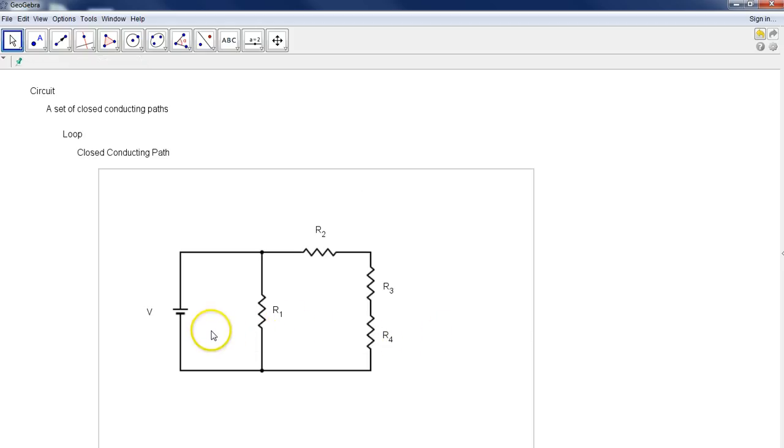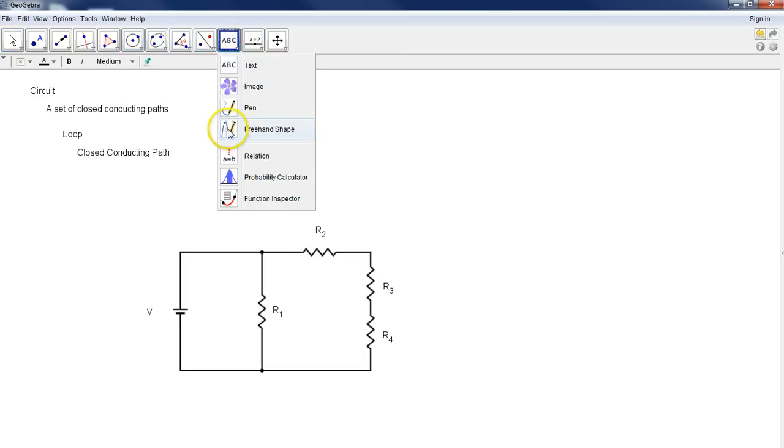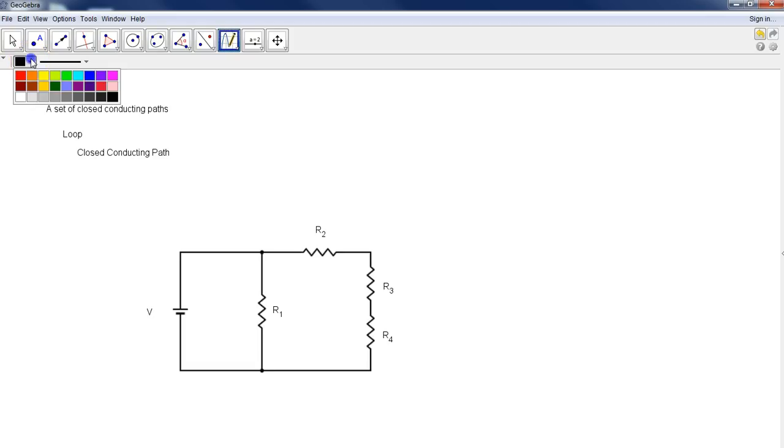Within this circuit, one thing I want to be able to do is to identify all of the loops in the circuit. And to identify all the loops in the circuit, I'm going to draw in each of the loops.